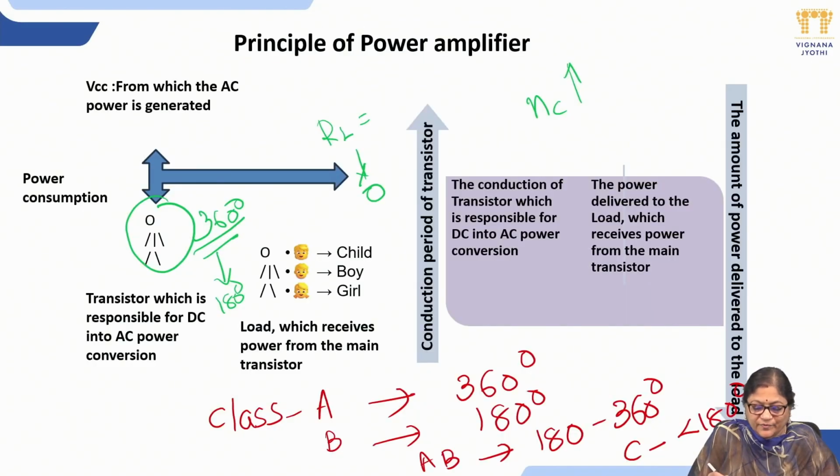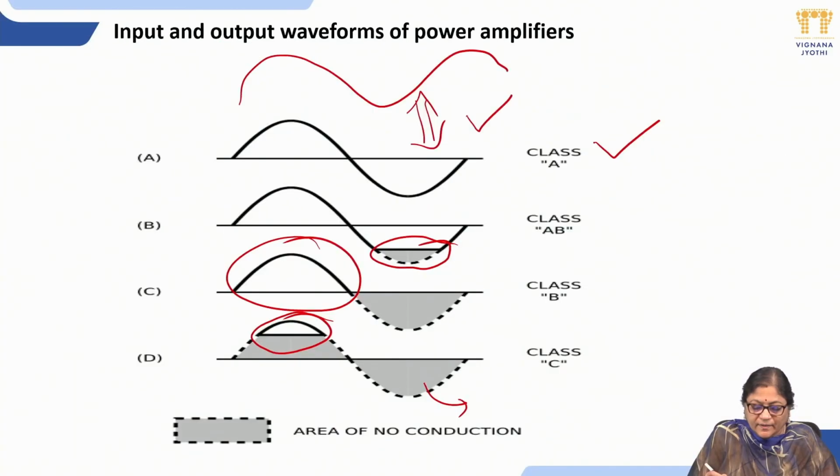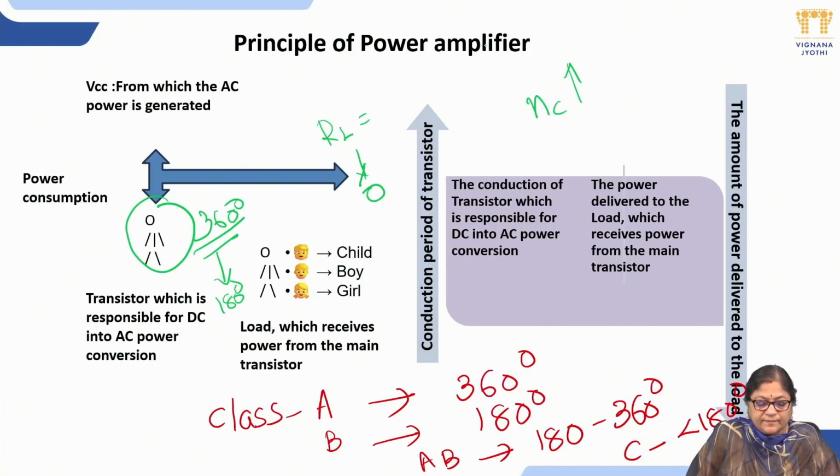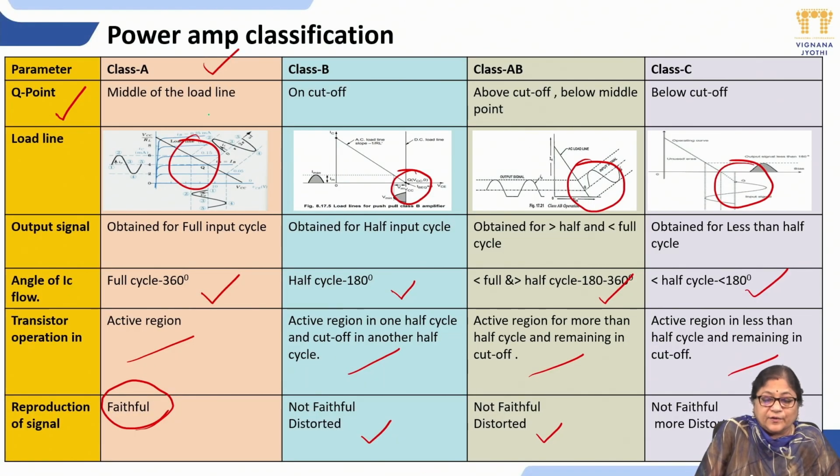Coming to the input and output waveforms, because it conducts throughout the 360 degrees, the input resembles the output. That's why no distortion is observed in the class A power amplifier. As a conclusion, the Q point of the class A amplifier is in the active region and the middle of the load line, and output is obtained for the full cycle.